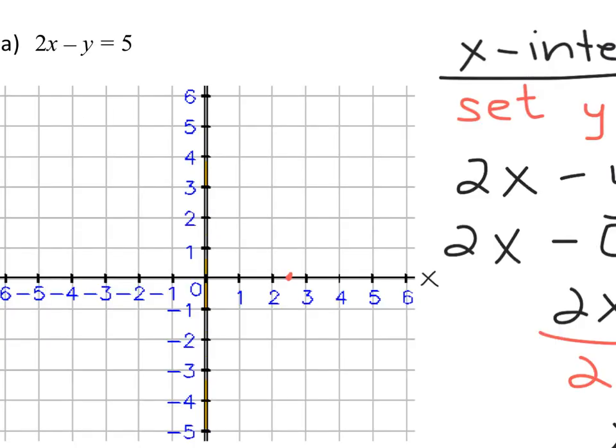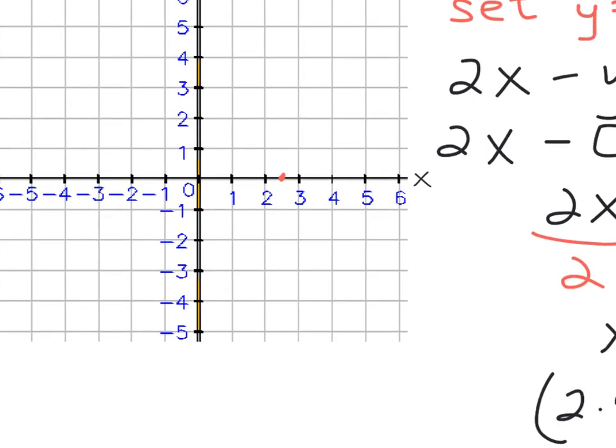So coming back to our Cartesian plane, I'm going to put a dot or a point on my y-intercept. So my y-intercept is located at (0, -5). So that would be located down here on the bottom. So here's my red dot, and you can then join your intercepts together with a straight line.